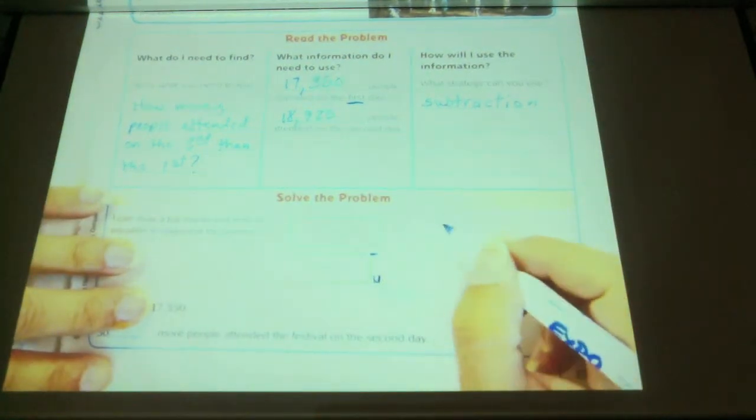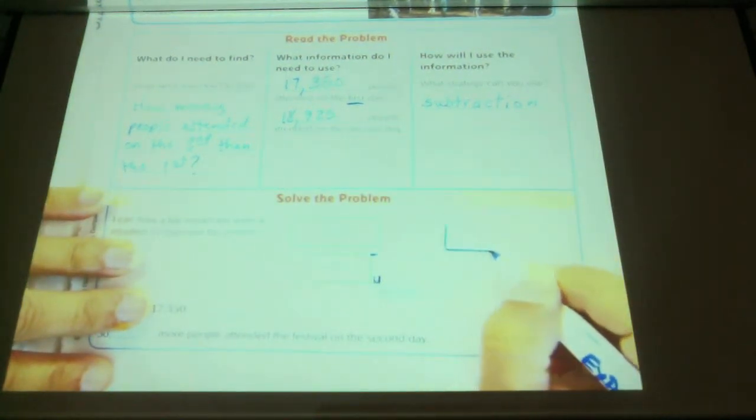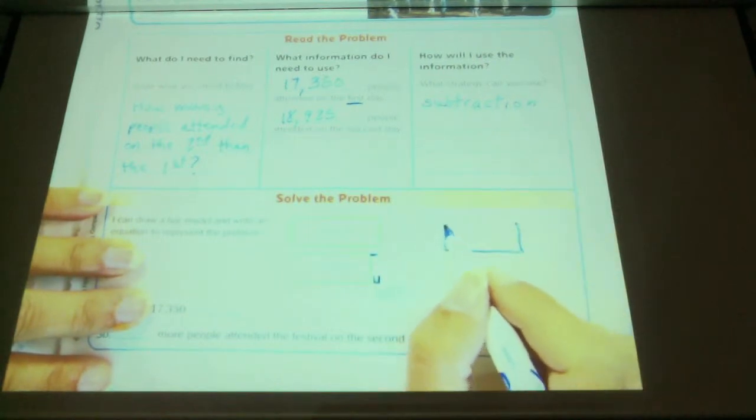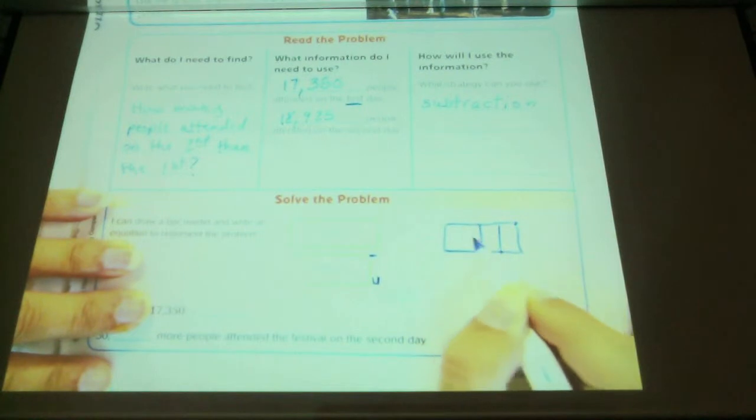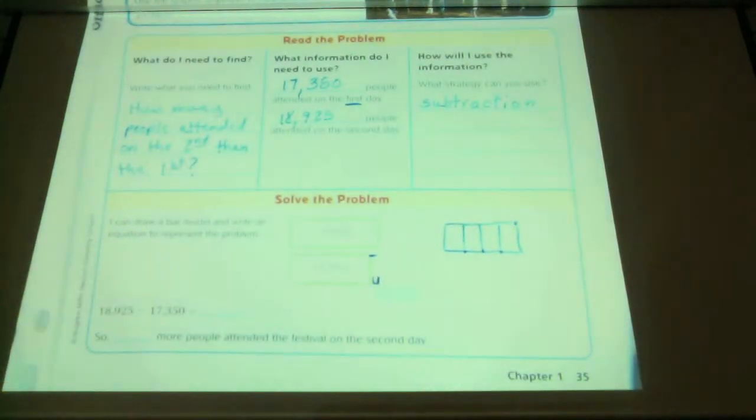If this is a candy bar, and I'm going to share this candy bar with 4 people. It's a Hershey's bar. Okay, so this is the Hershey's bar, and I'm going to share my candy bar with 3 of my friends.